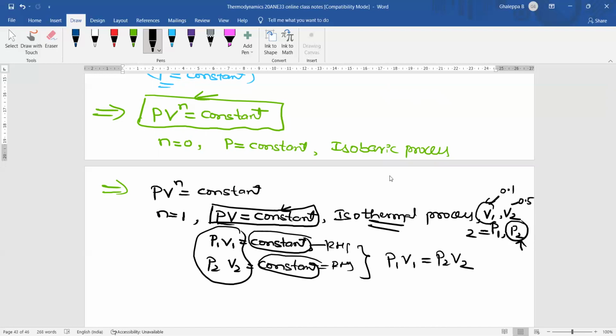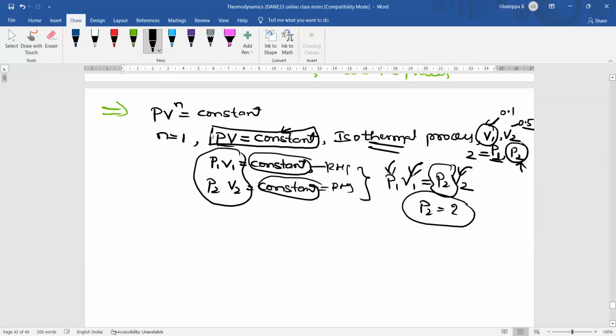Here V1 is given, substitute 0.1. V2 is given, substitute 0.5. P1 is given, substitute 2 and calculate P2. To calculate such unknowns, we'll be using this equation, and similarly the equation pressure is equal to constant. Okay. Now I will write one more equation.